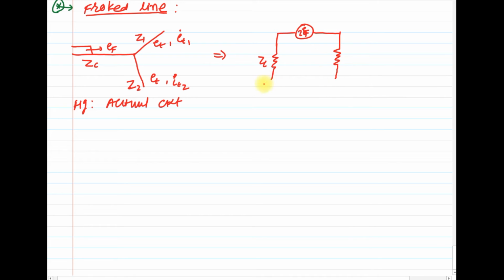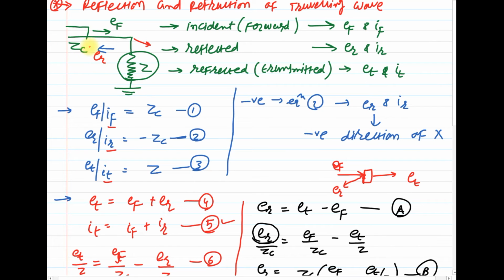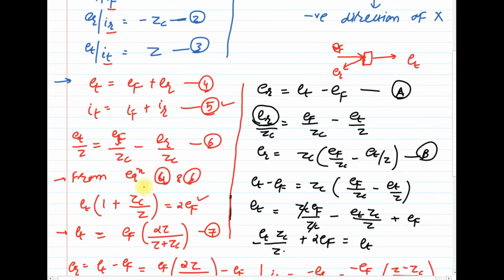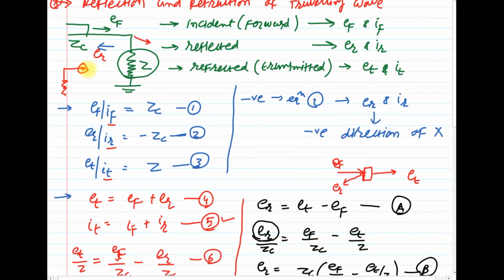As the line is divided further into two, let us compare this figure. If we want to draw the equivalent circuit of this transmission line, then I can draw ZC over here and the voltage source, which is 2EF, as you have derived earlier. Yes, 2 times EF.